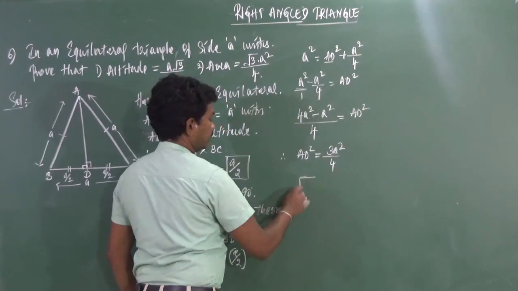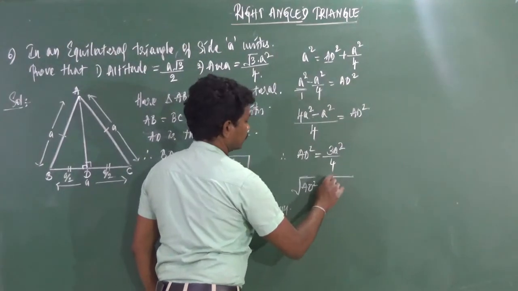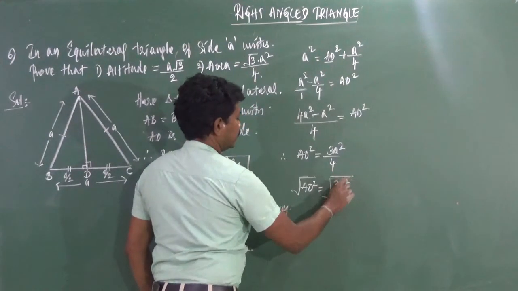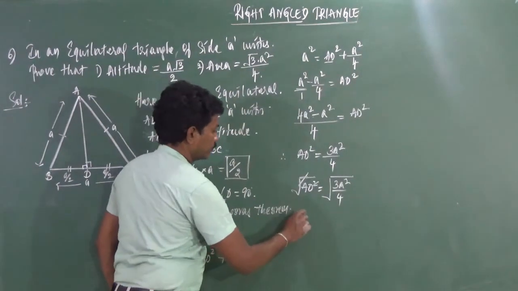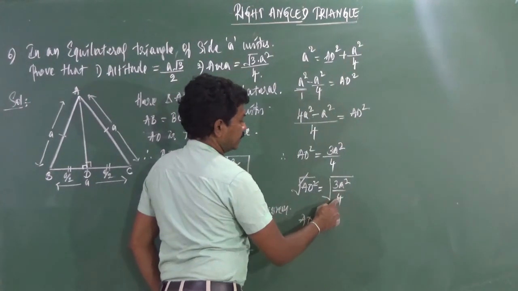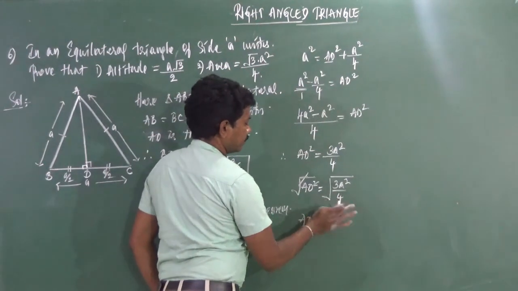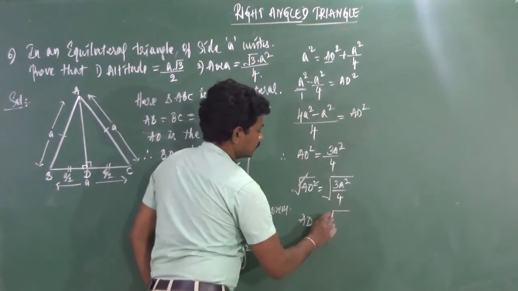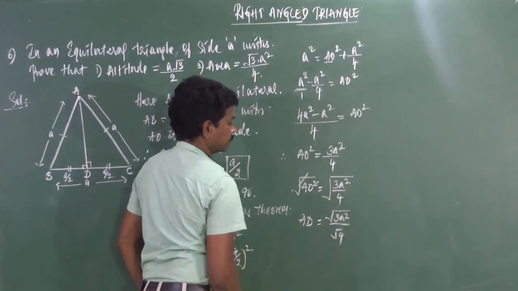So let us take square root on both sides. That is, square root of AD square is equal to square root of 3A square by 4. Square and root cancel, so we are left with AD. Among the elements, A square is a perfect square and 4 is a perfect square. So you can do it like this: square root of 3A square by square root of 4, you can split this.